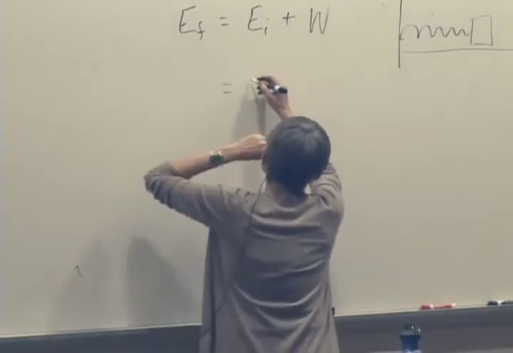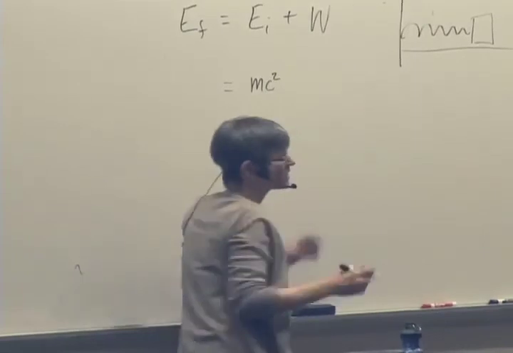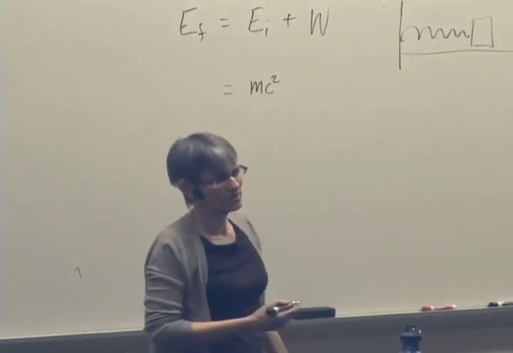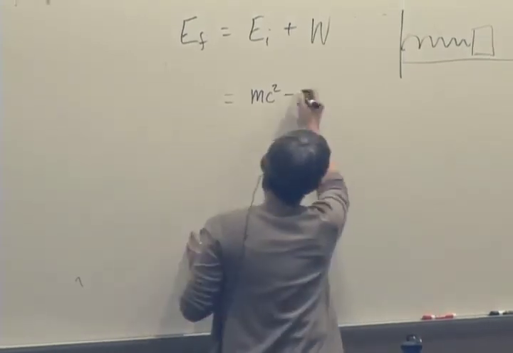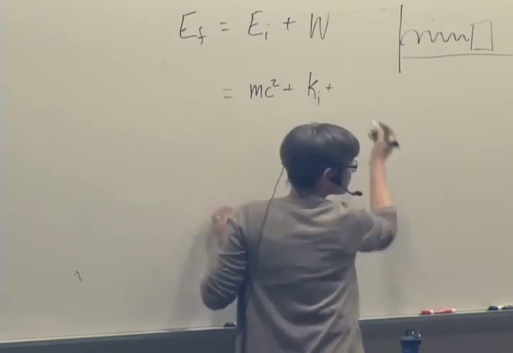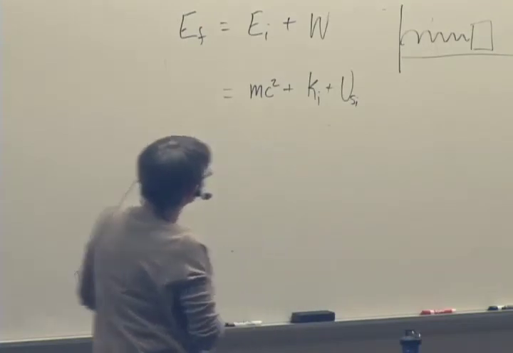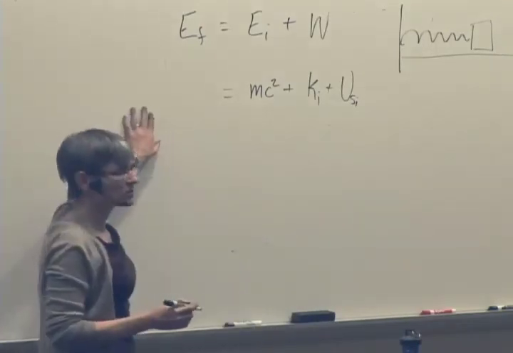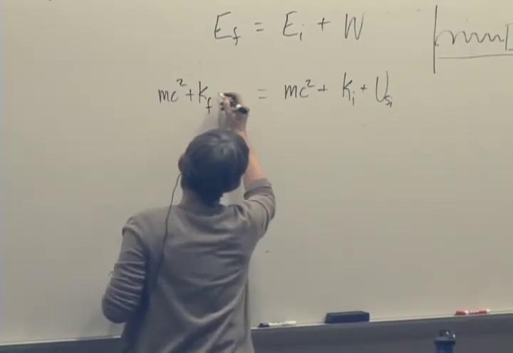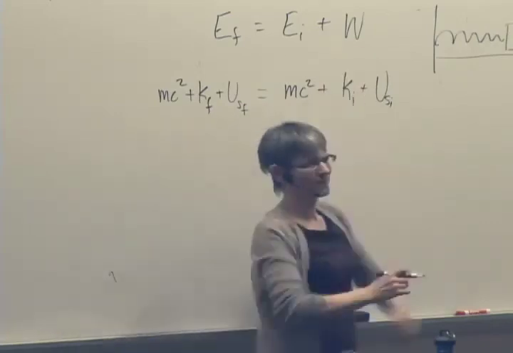We have the rest energy of the mass. We're approximating the spring mass as negligible, plus initial kinetic energy, plus initial spring potential energy. And on the final side, we presumably have mc squared plus the final kinetic energy plus the final spring potential energy. But wait a minute.